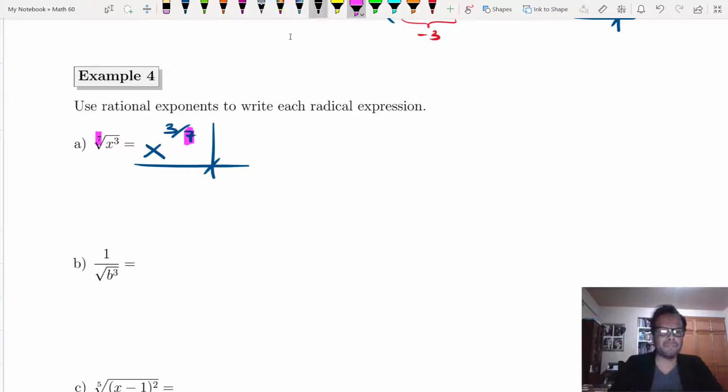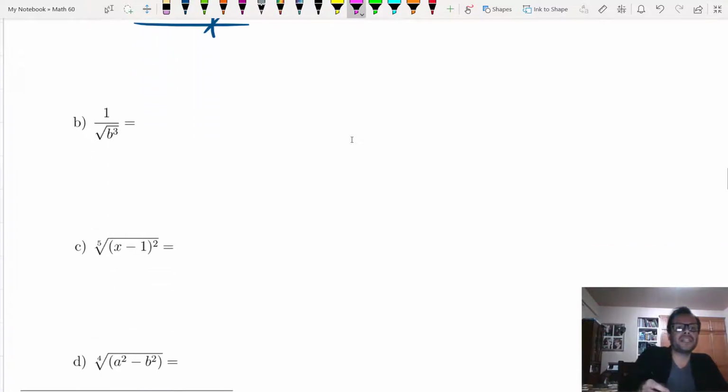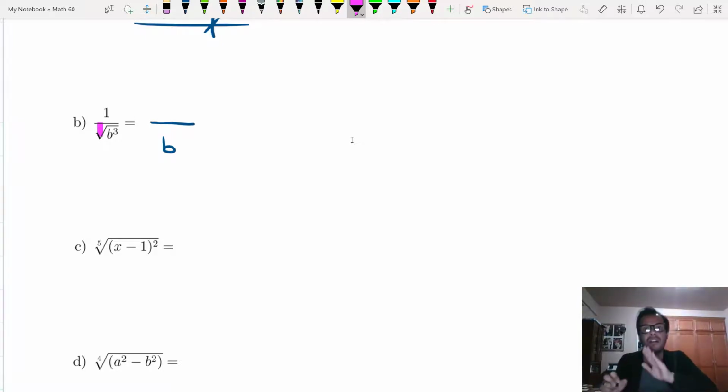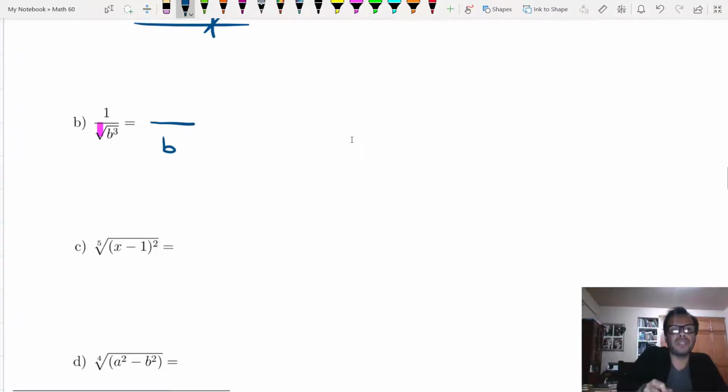Letter B. For letter B, number 1, we are going to have radical expressions in the denominator, so that's b to the, what's the implied index here? Again, when we don't see any number, a tiny number in the upper corner of the radical symbol, it's understood to be a 2.